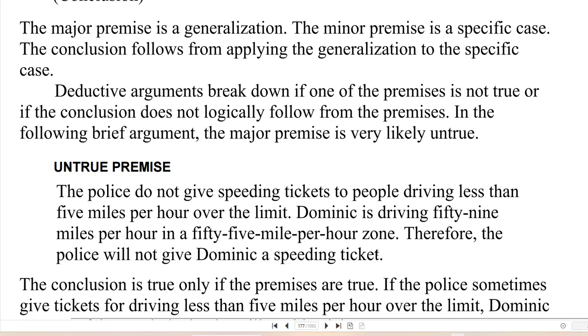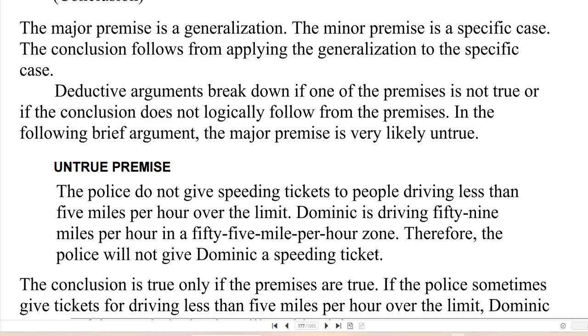Deductive arguments break down if one of the premises is not true, or if the conclusion does not logically follow from the premise. In the following brief argument, the major premise is very likely untrue. The police do not give speeding tickets to people driving less than 5 miles an hour over the limit.